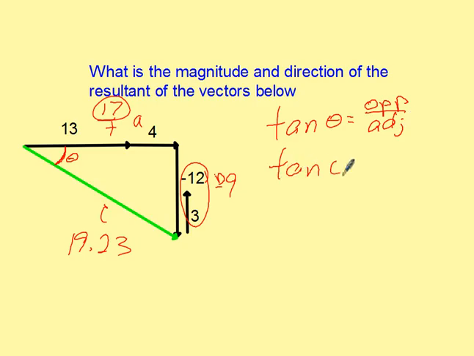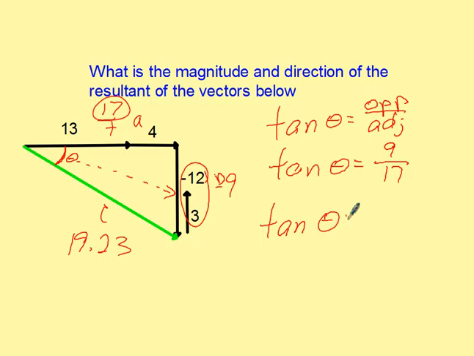When we're looking for the opposite side, we're talking about the side that's opposite to that angle. So in this case, it was 9. We're not going to use negative 9 because we're simply looking at a ratio here.